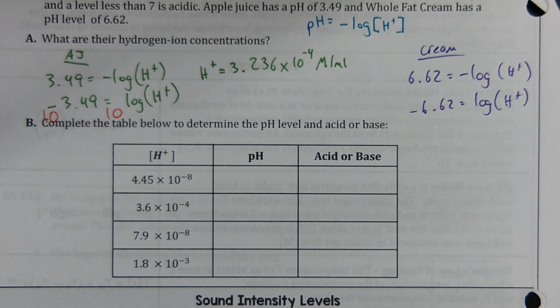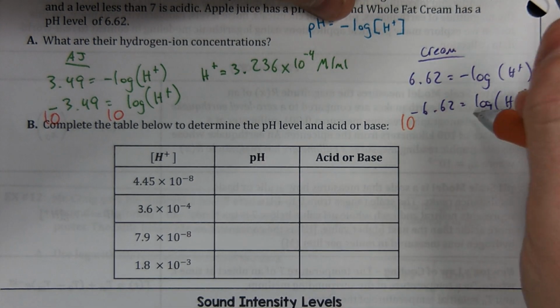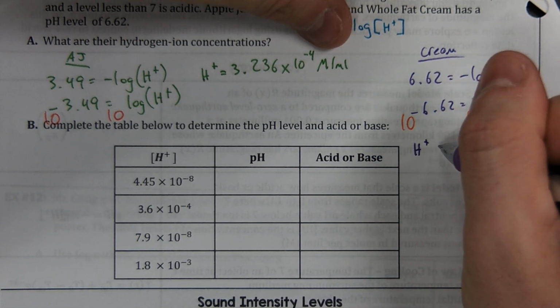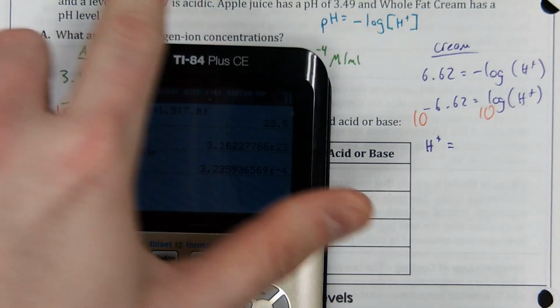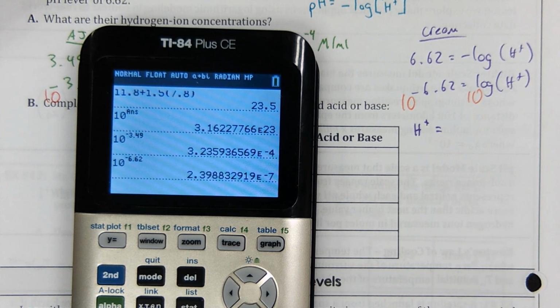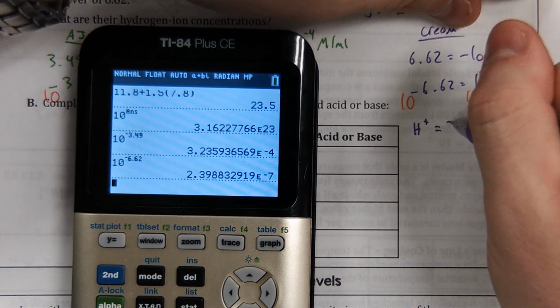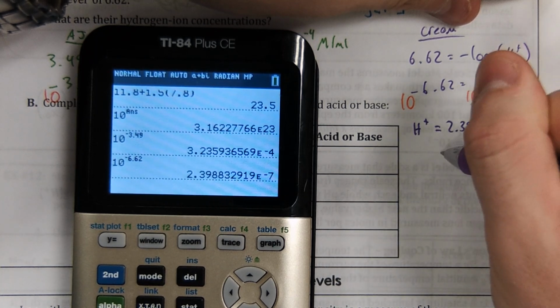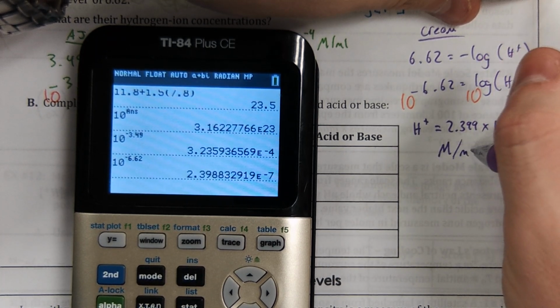And then use base 10 on both sides. That's going to isolate H plus, and whatever 10 to the negative 6.62 is. And of course, it'll be in scientific notation. If you round it to 3 decimals, you get 2.399 times 10 to the negative 7 moles per milliliter.